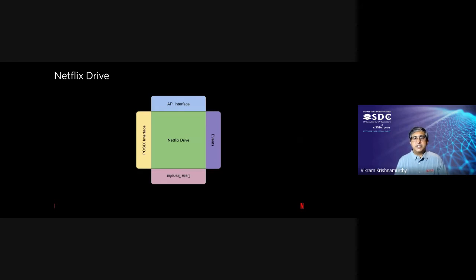So another dimension is events and telemetry information. Telemetry and logs, of course, are more self-serving for the managers or the admins of this fleet of Netflix Drive instances that are interested in observing how they're behaving.